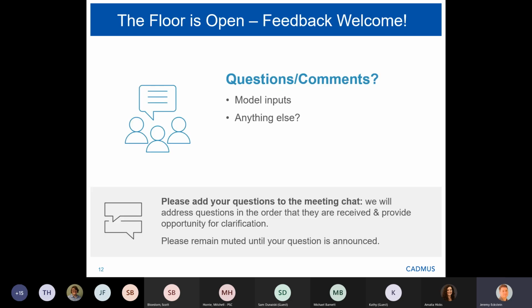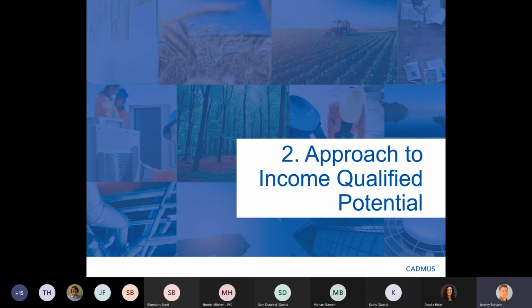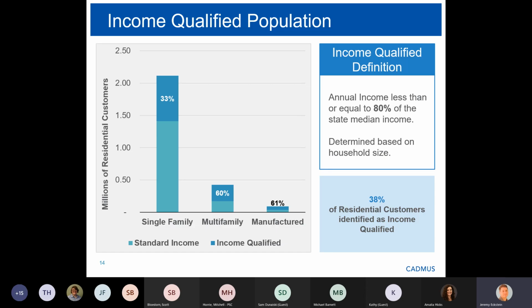So if it's all right, I'd like to cover our approach to income qualified potential. Our scope includes estimating potential for income qualified customers. I'll start by saying that the model currently does not treat income qualified populations differently from standard income populations.